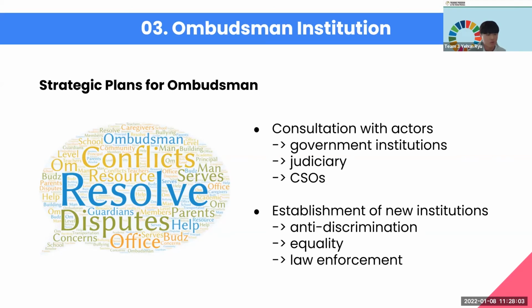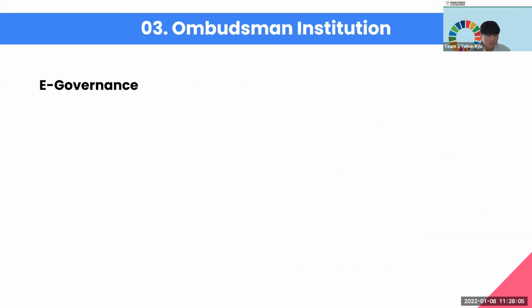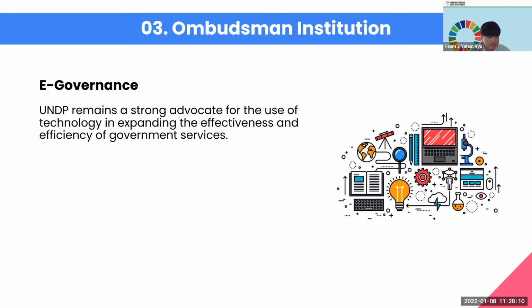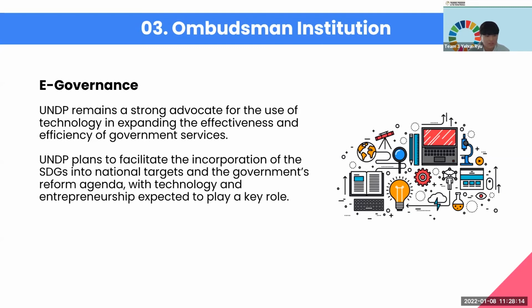UNDP remains strong on the use of technology in expanding the effectiveness and efficiency of government services. And UNDP plans to facilitate the incorporation of the SDGs into national targets and the government's reform agenda, with technology and entrepreneurship expected to play an important role.